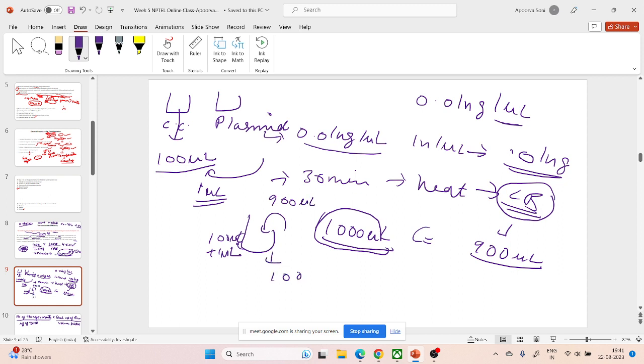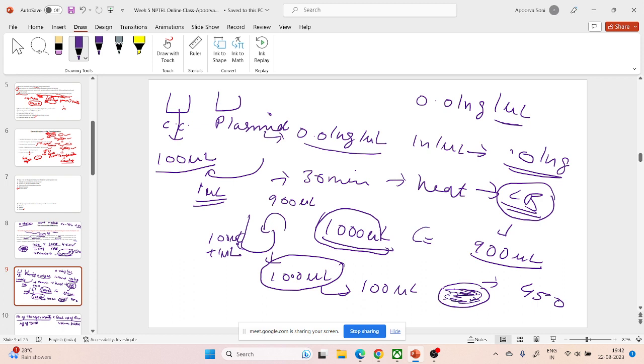From this 1000 microliters, you have taken only 100 microliters, added it drop-wise on the plate, and spread it with a spreader. You keep it overnight, and the next day you observe that 450 colonies were obtained. This is the question. Is the question now clear to you?